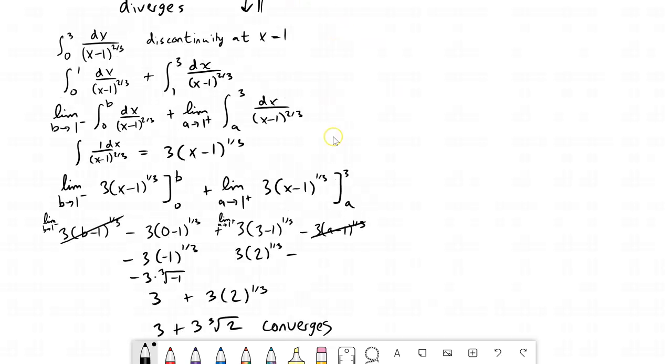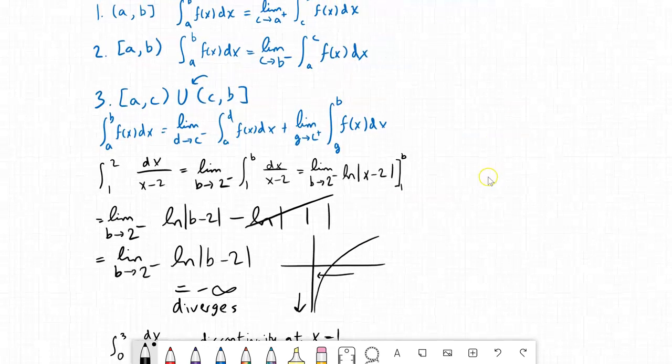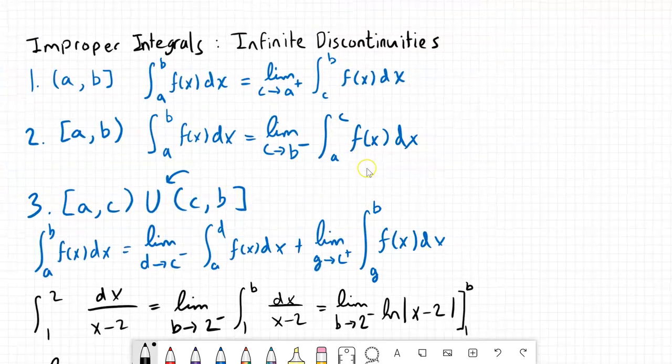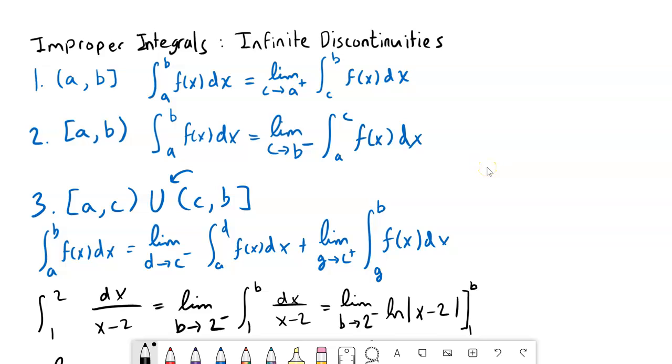So now we look back at the definition, just a quick review. Remember that when we have endpoint discontinuities, they're actually called improper integrals because you can't actually get exactly at point A. So we have to take that technique we learned with the infinite bounds or infinite limits and take the limit and use kind of like a substitution or an A variable or a B variable to do it.